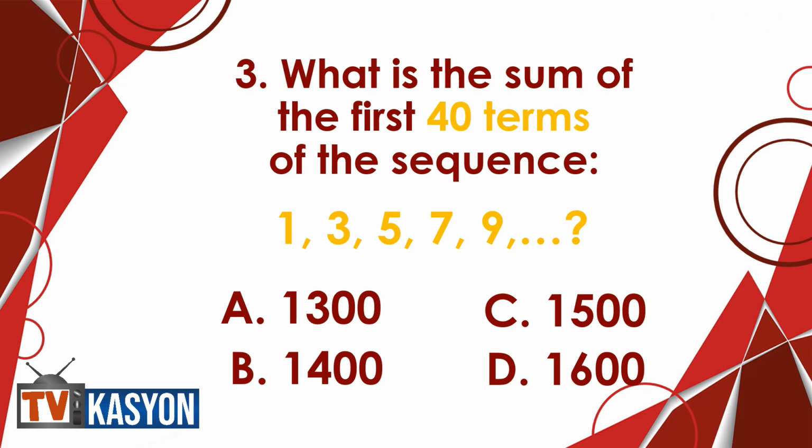Time is up. The answer is letter D, 1,600. Take note that the sum of the n terms in an arithmetic sequence denoted by S sub n is given by S sub n equals n over 2 multiplied to 2 times a sub 1 plus the quantity of n minus 1 times d, in which you have to identify the values of n, a sub 1, and d.